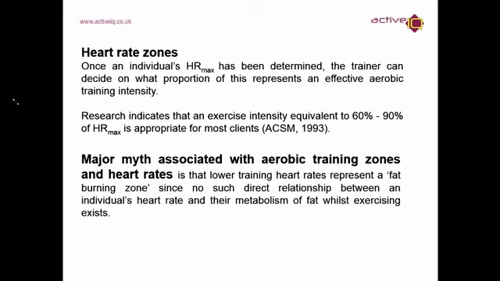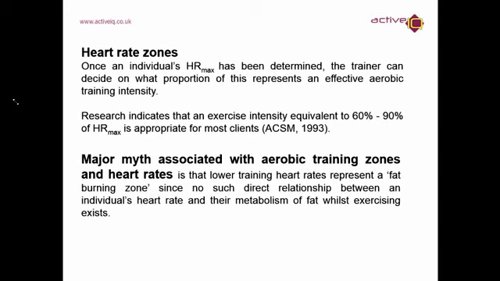So if we read through the text, it says, once an individual's maximum heart rate has been determined, the trainer can decide on what proportion of this represents an effective aerobic intensity. And research indicates that an exercise intensity equivalent of 60 to 90% of max is appropriate for most clients.